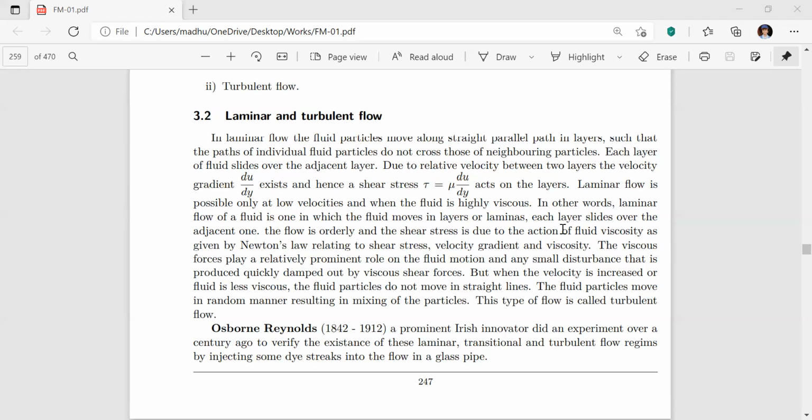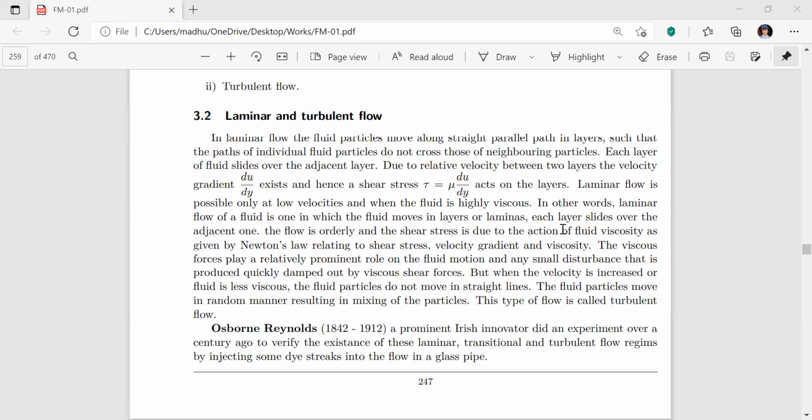Laminar flow is possible only at low velocities when the fluid is highly viscous, or in other words, laminar flow is one in which the fluid moves in layers or laminas. One layer slides over another adjacent layer.